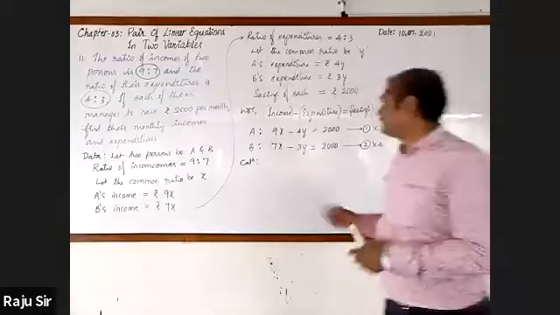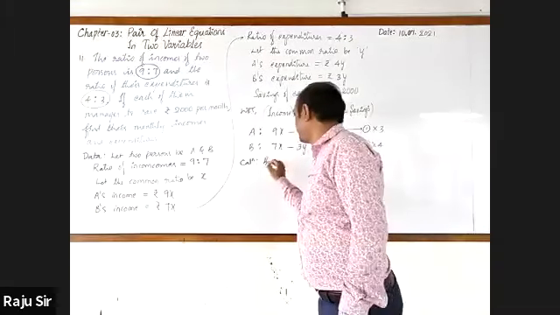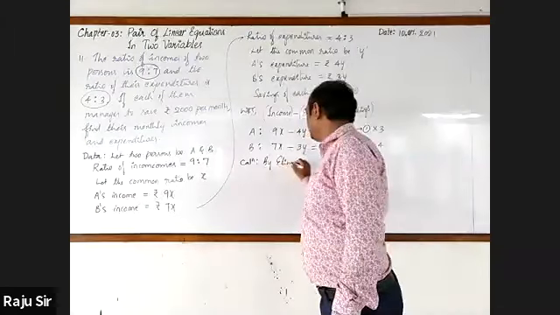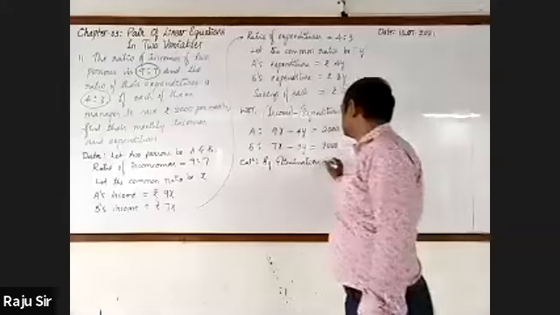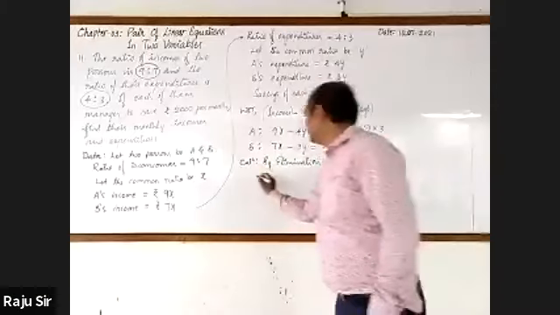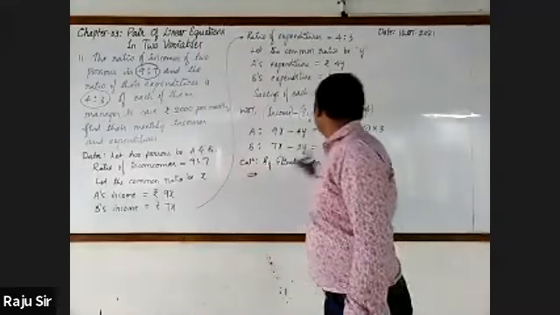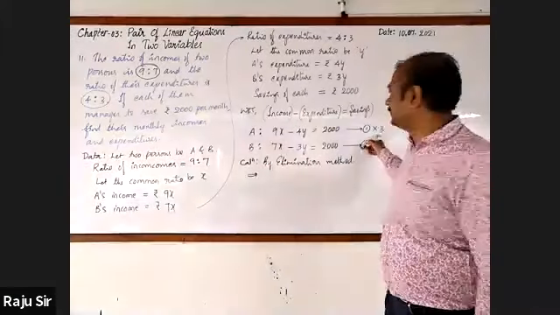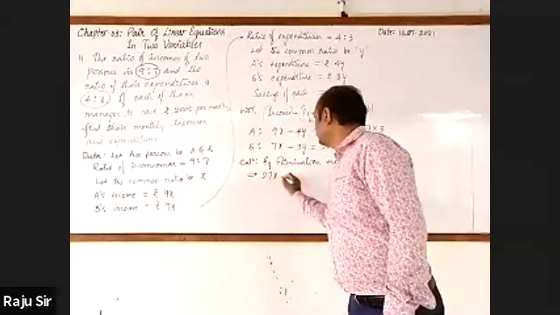Let us rewrite the equations by the elimination method. First equation, multiply by 3. 9 3s are 27, 27x.